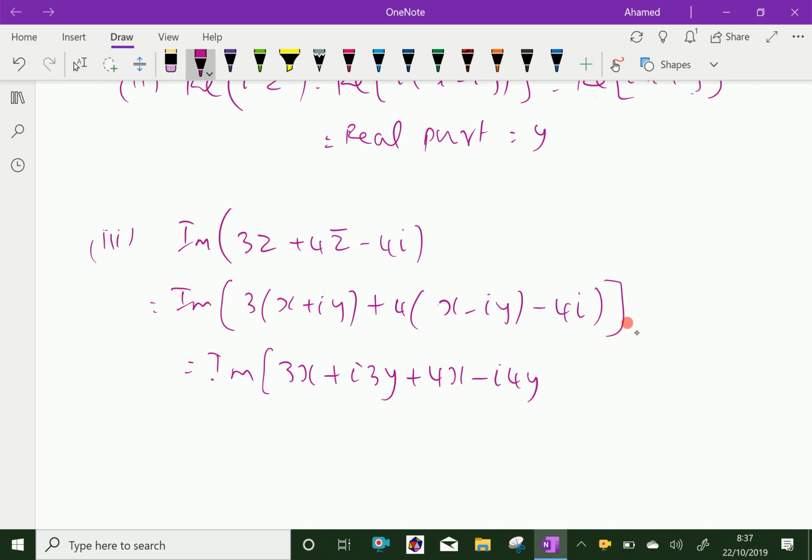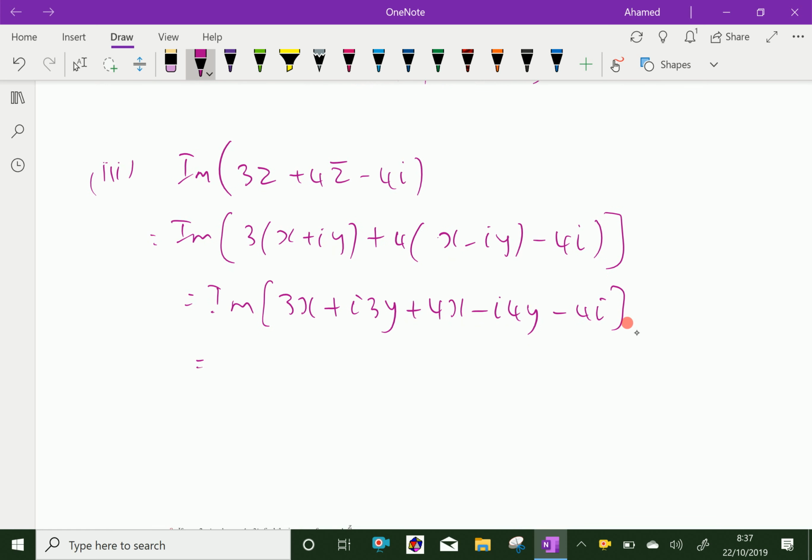4iy minus 4i. Now we split real and imaginary, like here 3x plus 4x is 7x. 7x is a real part, then plus i common, 3y minus 4y minus 4.